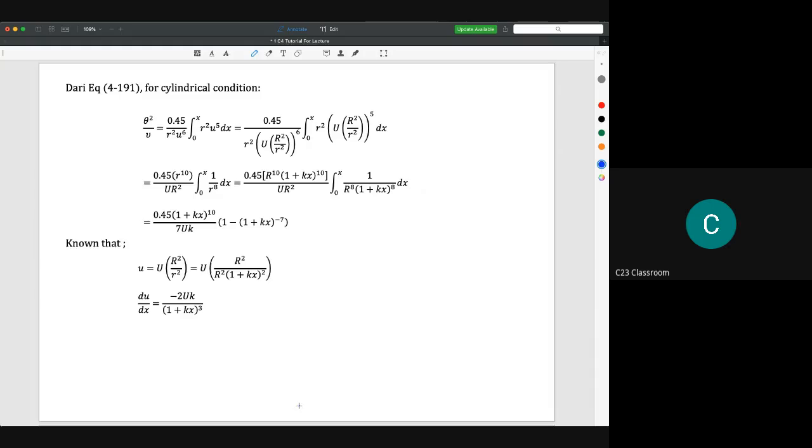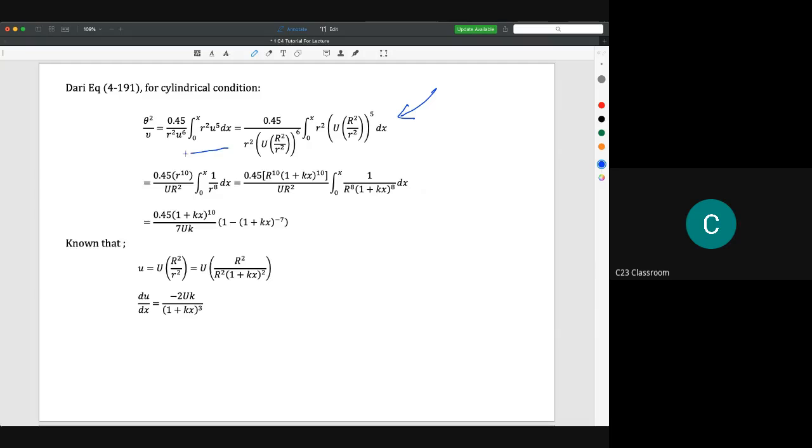Here we actually have two Thwaites equations: one for plane surface, and one for axisymmetric surface. Axisymmetric means you are dealing with something circular, with a circular cross section and so on. Now we need to use the Thwaites equation for axisymmetric, because in our diagram we have the terms of radius r.